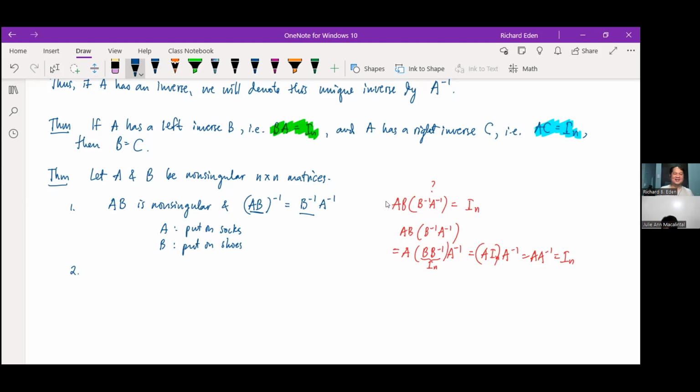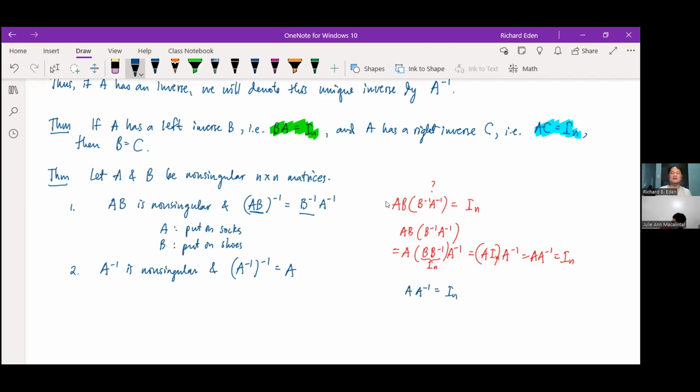And number two, if A is non-singular, A inverse itself is also going to be non-singular. So in this case, what is the inverse of A inverse? A. And this is almost automatic. Because if you look at A inverse, that's going to be the identity.